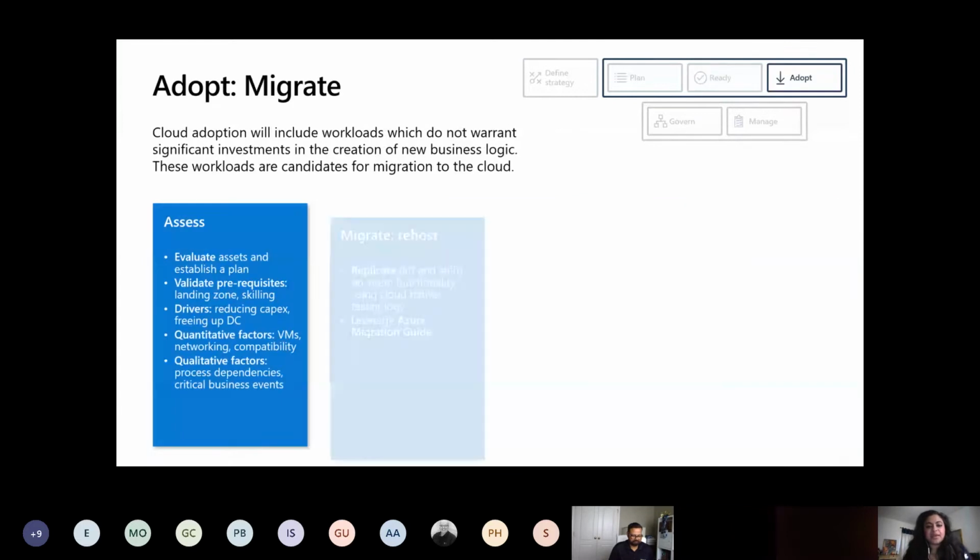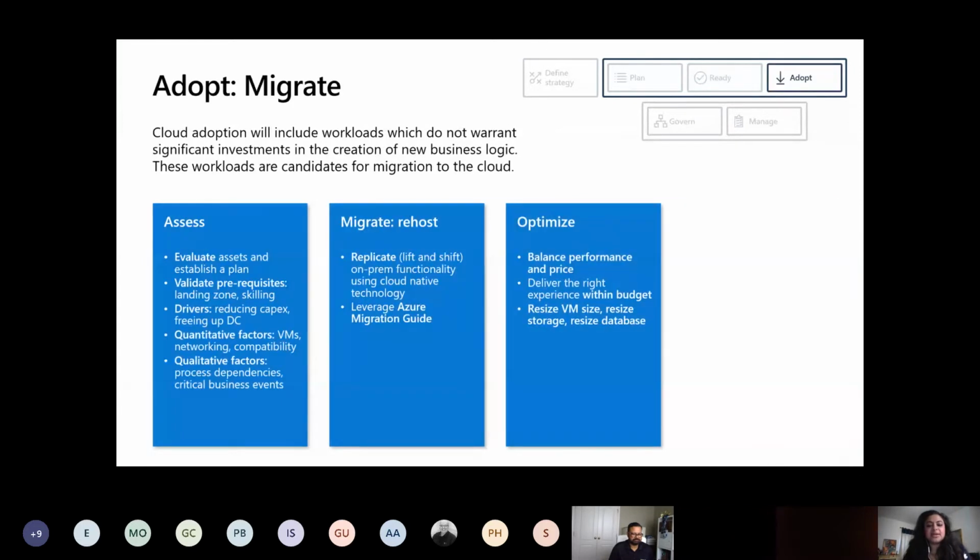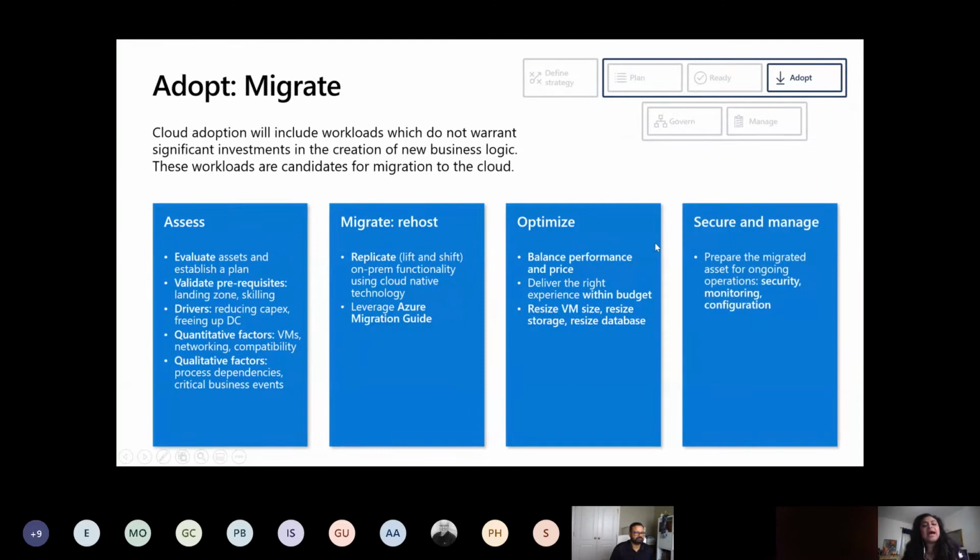Okay. And then finally, there's the assess, migrate, meaning rehost, right, and optimize. Now, of course, we have programs in Azure as well, like Azure Migrate, or the migration program that can help with this. We have partners that help with this. We work very closely with them. They're not just partners that we don't know who works there. We know our partners really well.